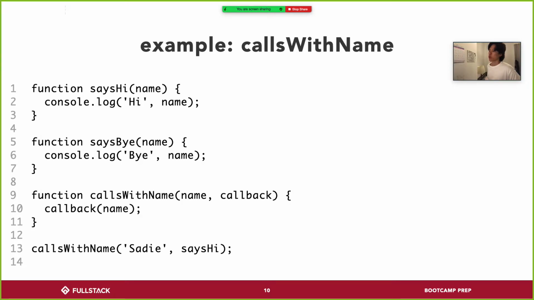Essentially we're combining a function to take both a string, which we're used to and we've seen before, and also a function. That function happens to be called callback in this case. And we're going to see that term used frequently, like callback functions.